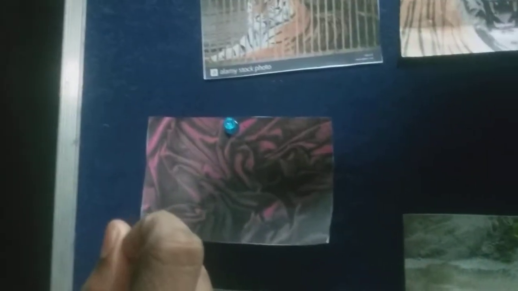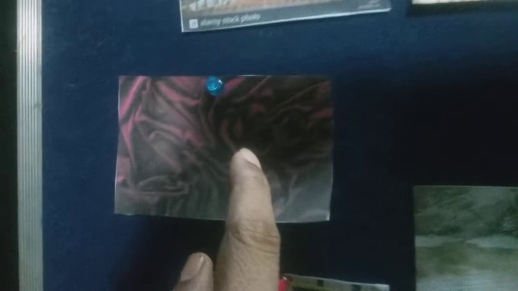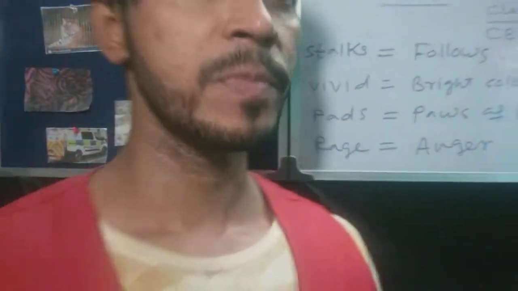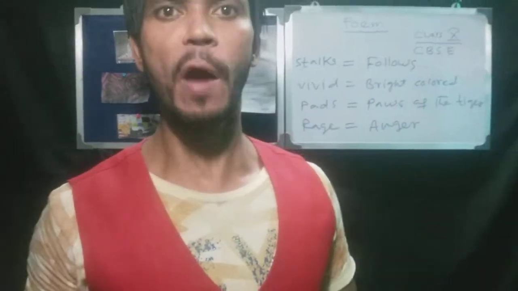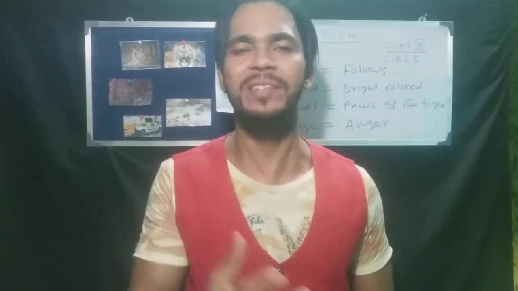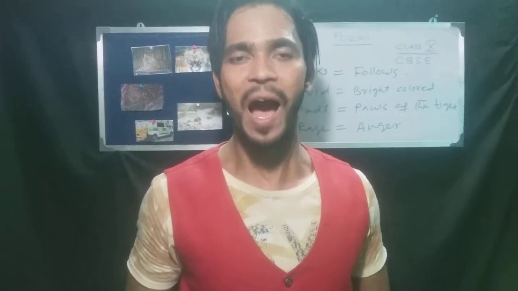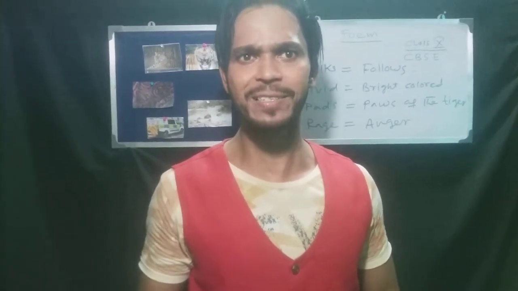It's a very soft fabric. Now here the poet compares the pads of the tiger with this soft fabric. No one can hear the footsteps of a tiger because the pads of the tiger are very soft and it doesn't make any sound.